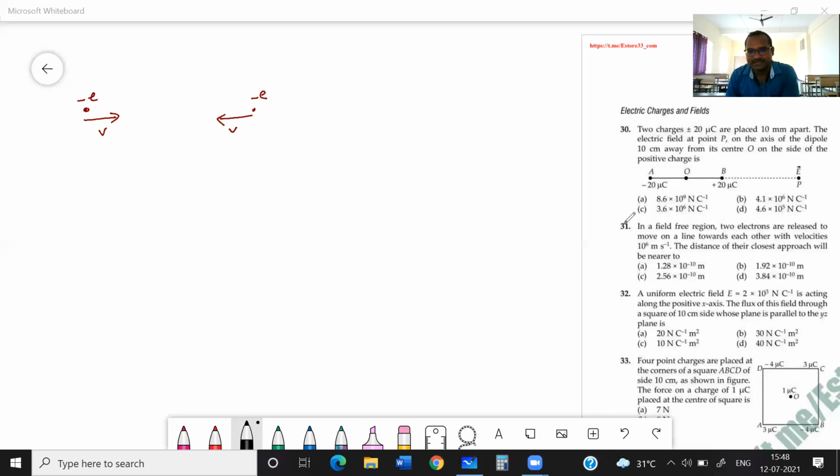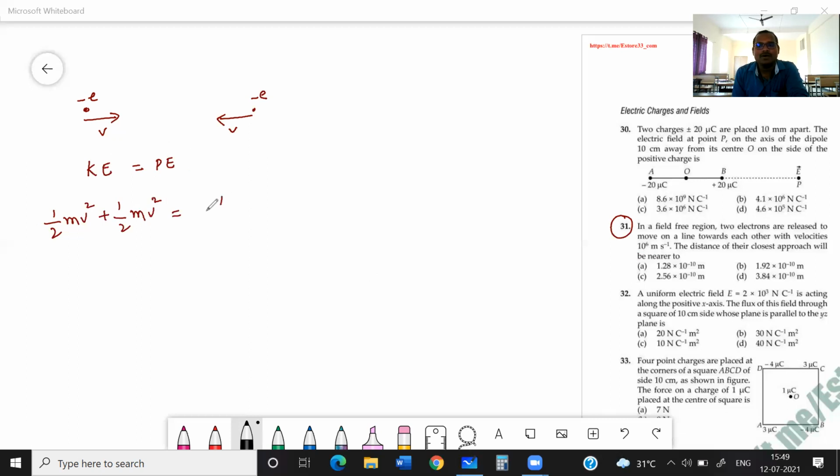Yes, we are discussing question number 31. So whatever kinetic energy these electrons initially have should be equal to the potential energy finally. So the initial kinetic energy of the electrons can be given as half mv square for the first electron plus half mv square for the next electron, which should be equal to the electrostatic potential energy.